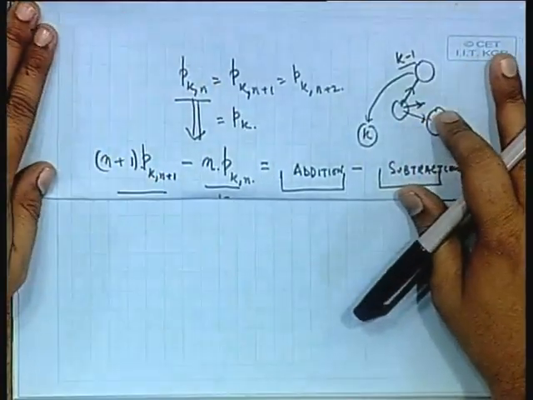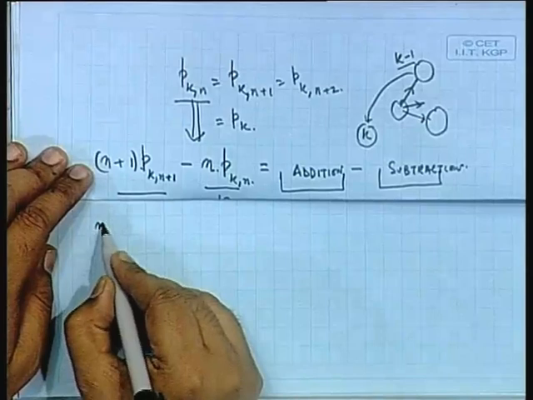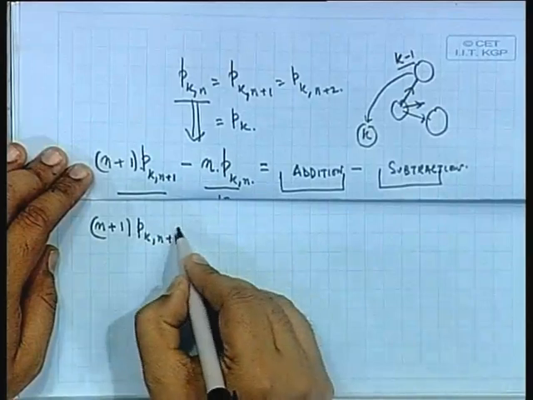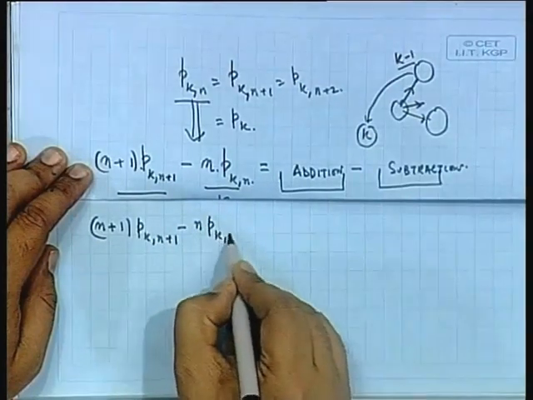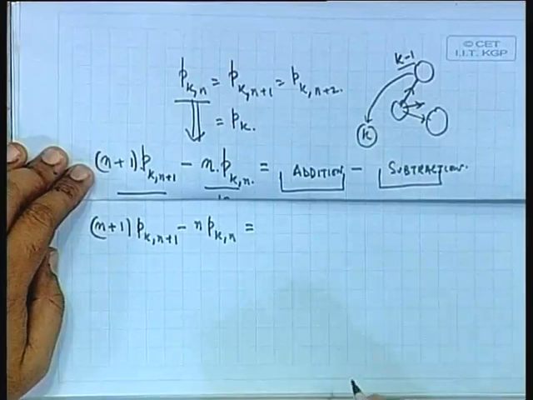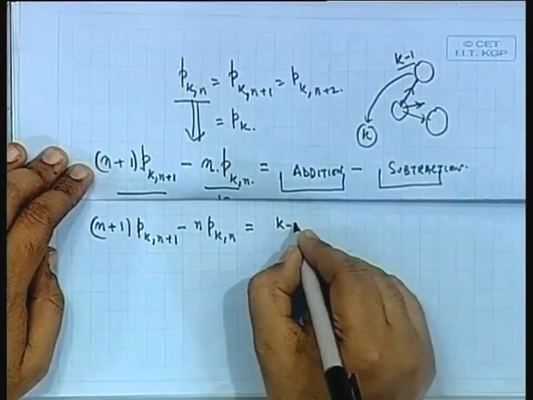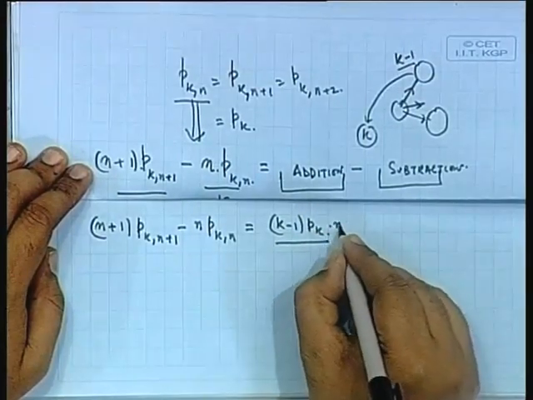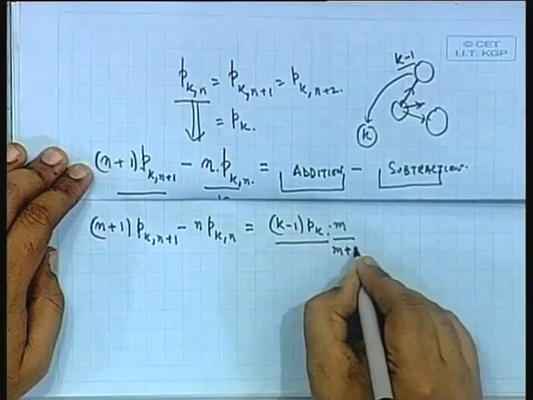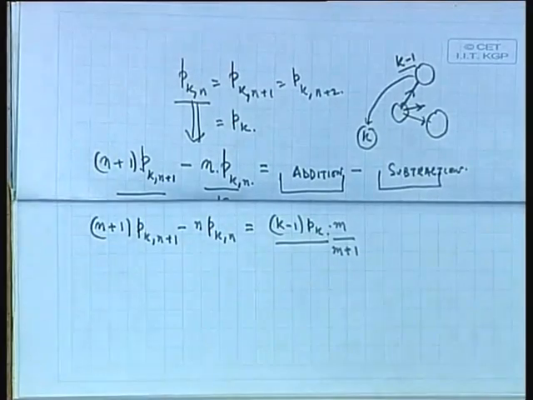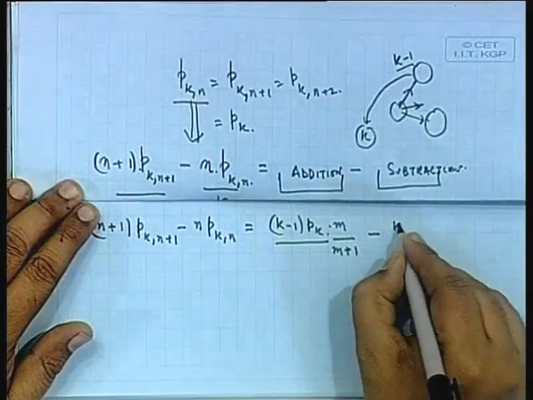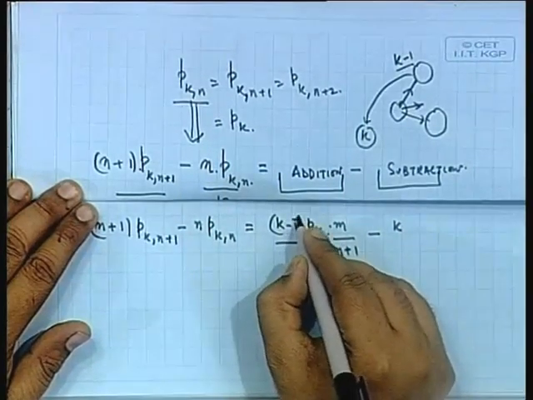So, what we have now is (n plus 1) p_{k,n+1} minus n p_{k,n}. So, what will be added? All those k minus 1 nodes which are becoming k nodes. This is the addition to this bin, and what is subtracted? So, this is k minus 1 plus 1.